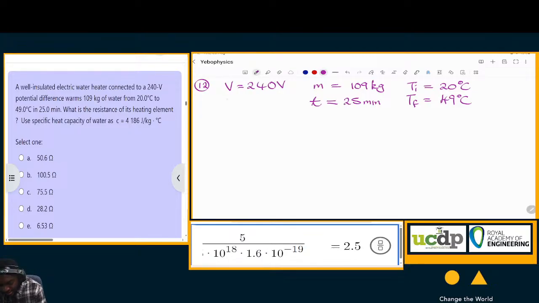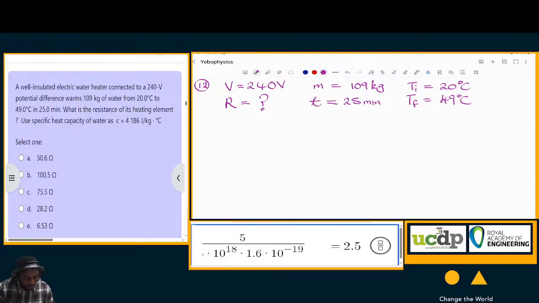So we need the resistance of this heating element, because remember what makes the water hot is that there's a current flowing through this wire heating element of high resistance. That current will result in a heating effect, and that heat is being transferred to the water.